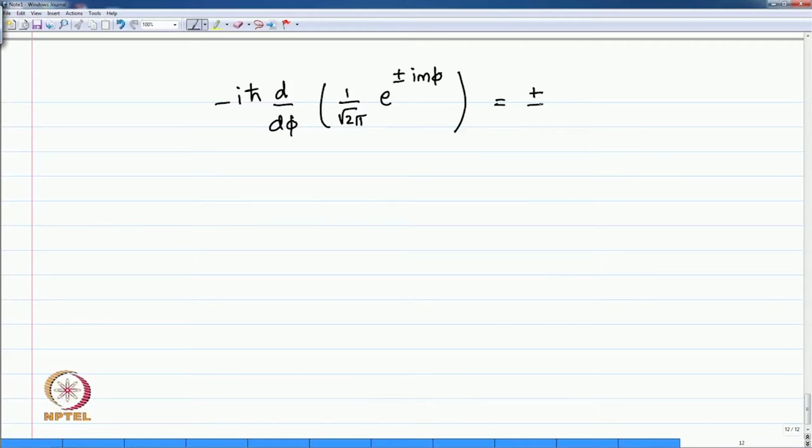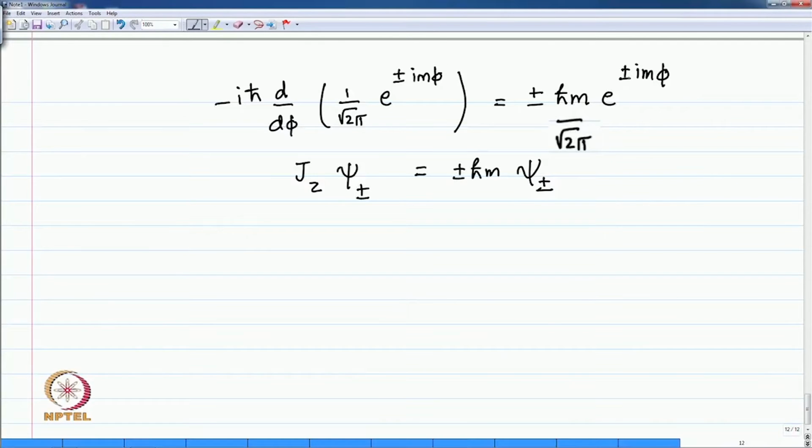Plus or minus h bar m e to the plus or minus I m phi. So, the plus is for the plus and the minus is for the minus. Therefore, you see that the angular momentum operator Jz acting on psi gives you plus or minus h bar m psi, and I will write it as plus minus here to say the plus component is e to the I m phi, the minus component is e to the minus I m phi.